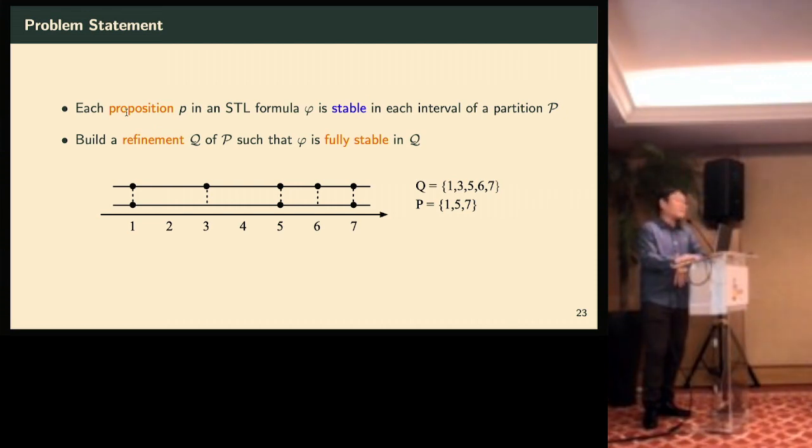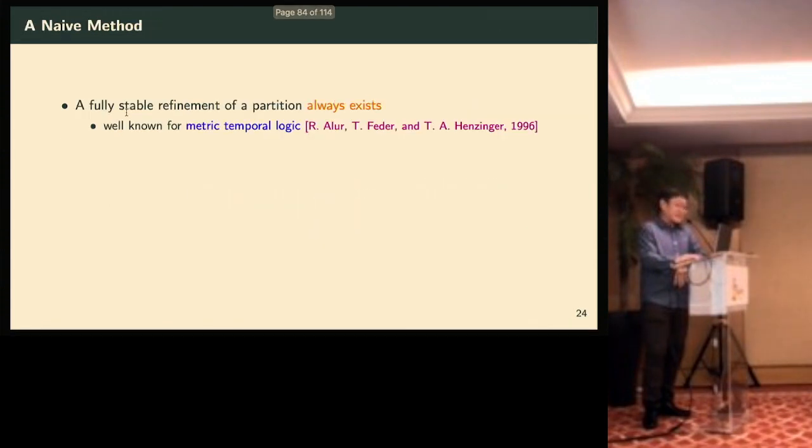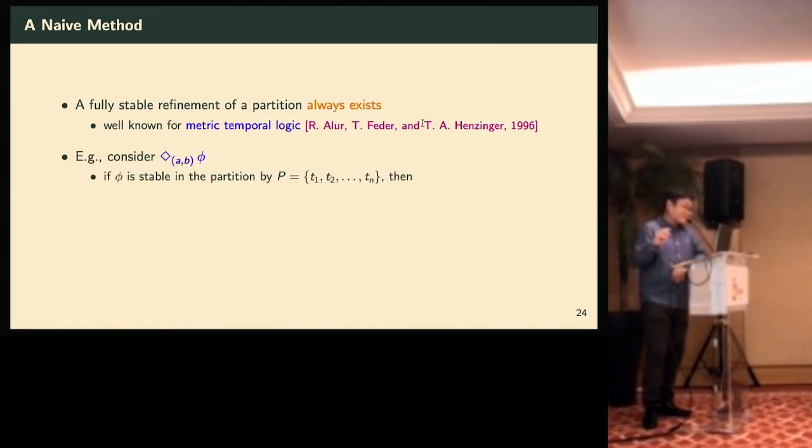does this exist? Yes, it has existed for a long time, because even in the early work on metric temporal logic by Alur and Henzinger, it is well known that it is possible to develop a fully stable refinement, because it is the foundational assumption of timed automata based model checking over metric temporal logic. The idea is very simple.